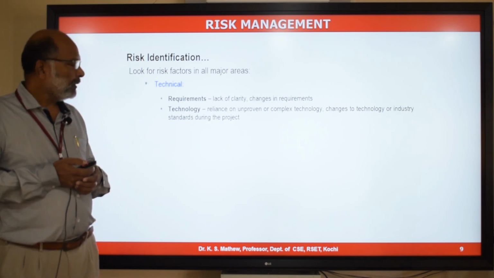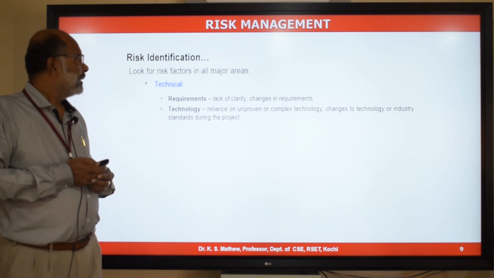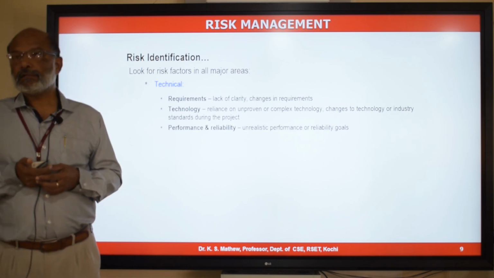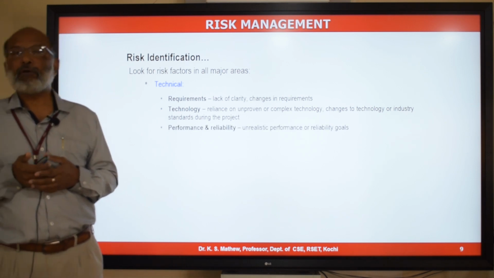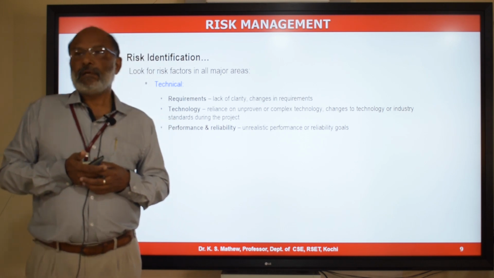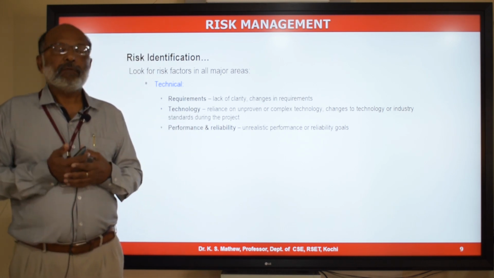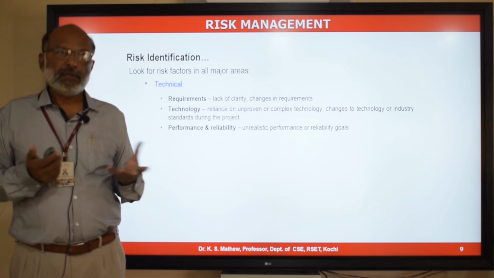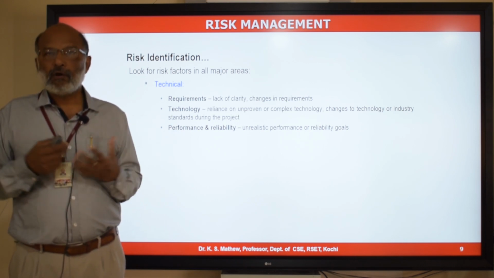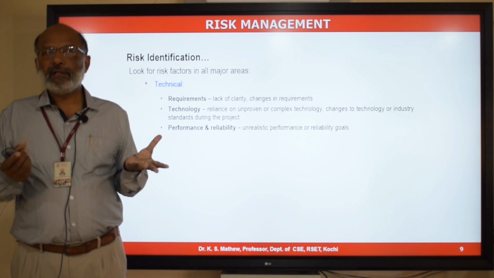There could be a lot of risks related to technology, and there could be risk related to performance and reliability requirements stated by the customer. Some of the performance requirements, like response time and throughput from the application, may not be achievable with the current technology. So you may identify that as a risk.